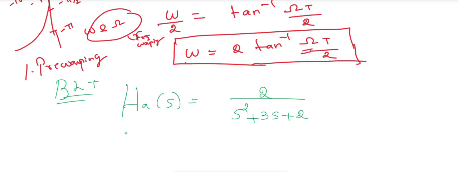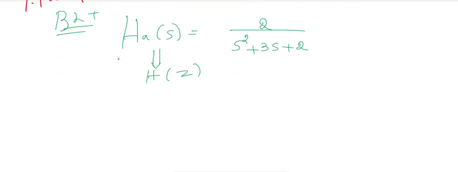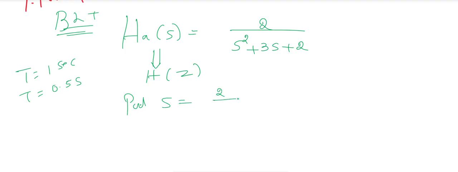You have to determine H of z by using bilinear transformation. Take two cases where T is equal to 0.1 second or T is 0.5 second. In the bilinear transformation, wherever s is, put s equal to 2 by T, 1 minus z inverse by 1 plus z inverse.